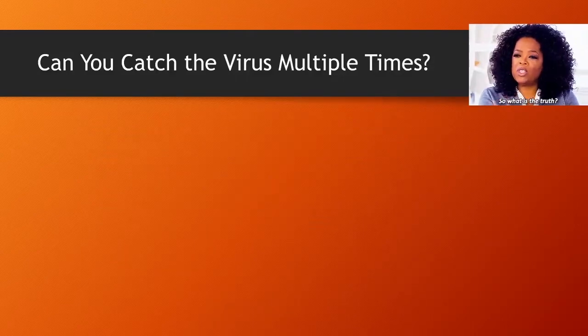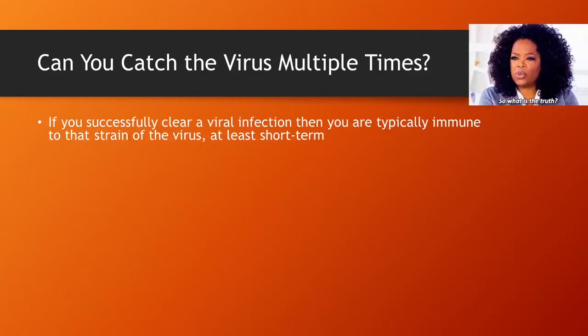Now, this is a really important question. Can you catch the virus multiple times? This is how it usually works. If you successfully clear a viral infection, then you are typically immune to that strain of the virus, at least in the short term. Your plasma cells typically produce such an abundance of antibodies against this virus.